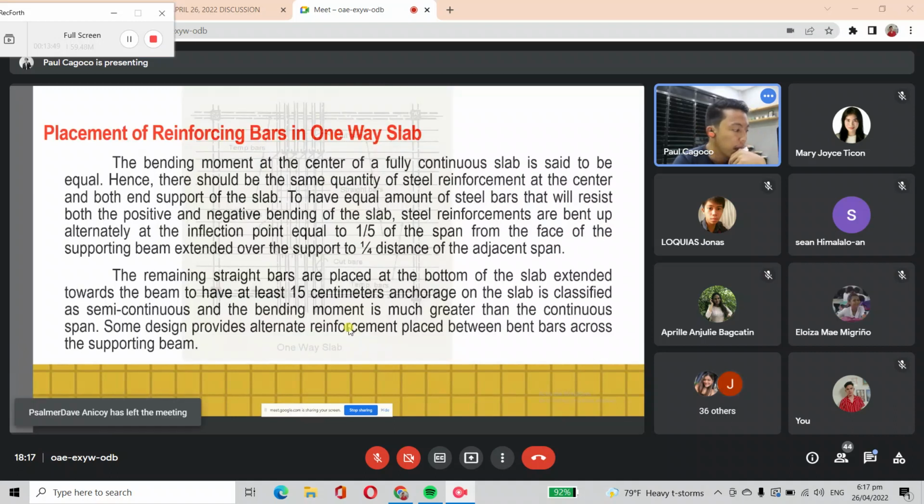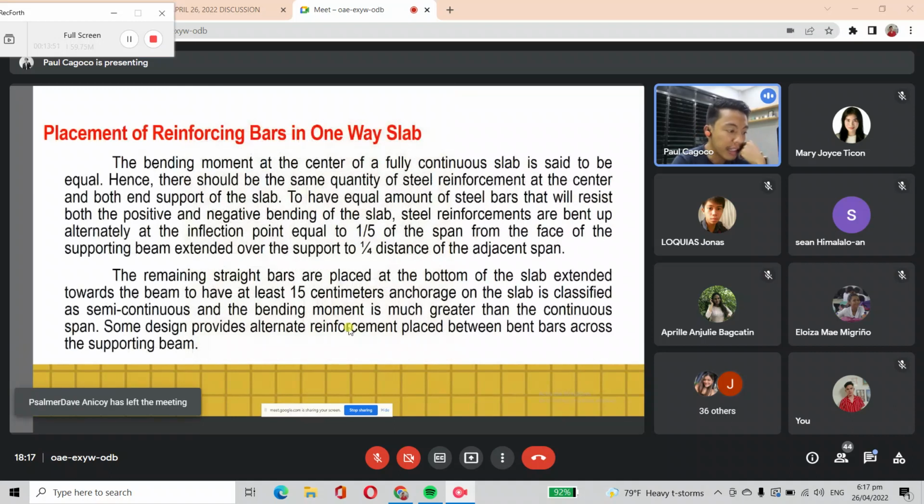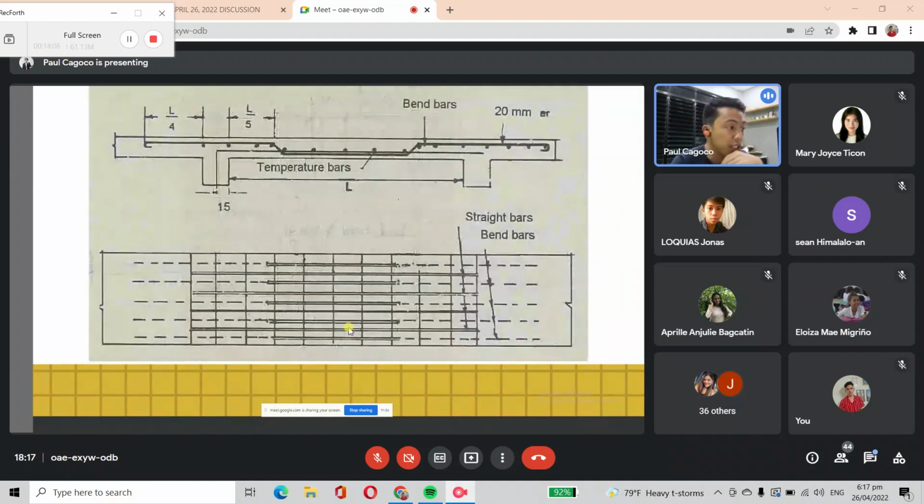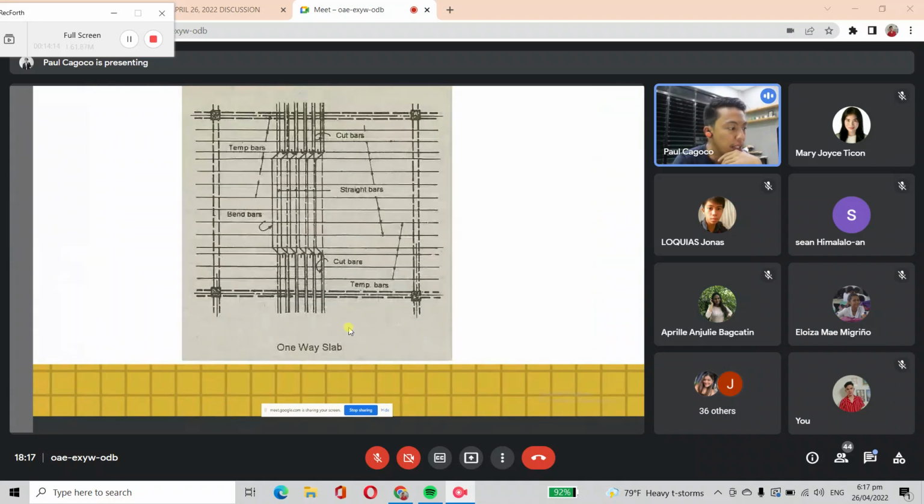So inigabot na nato sa taas, sa inflection point, as stated here, some design provides alternate reinforcement between bent bars across the supporting beam. So across the supporting beam, meaning there is a support. Kaganina natin gitawag nga cut bars. So makita ninyo sa section, ang imuhang inflection point is nasa taas, di ba? Ang bent bars is nibawag ka sa taas.